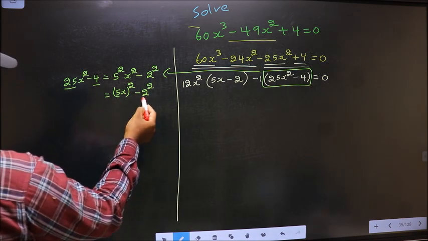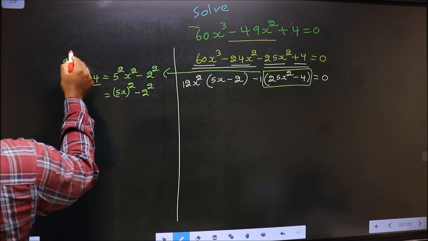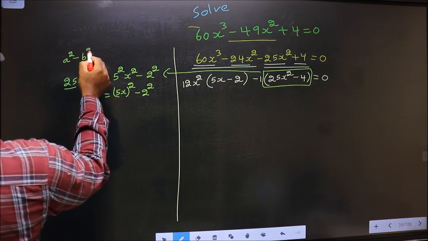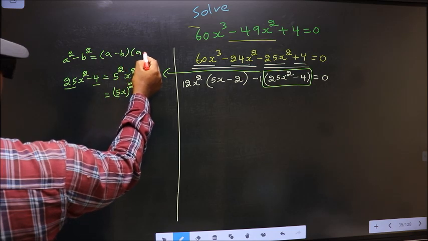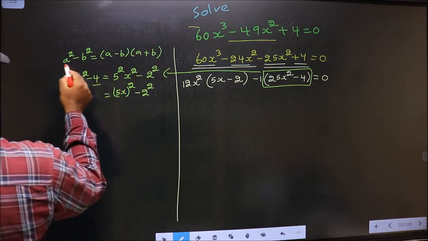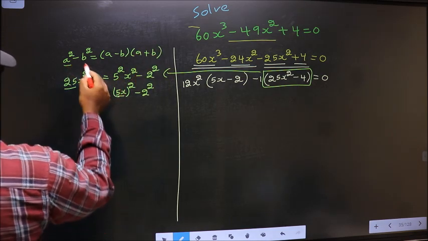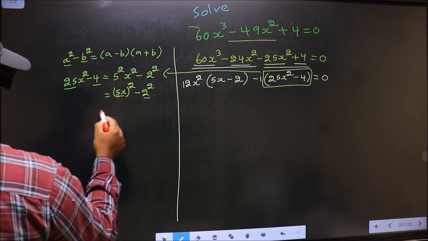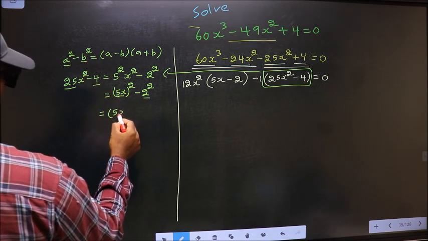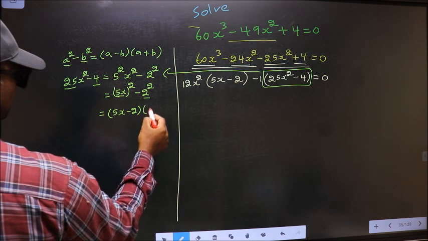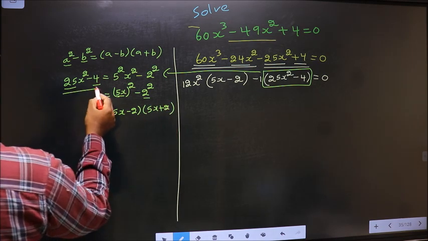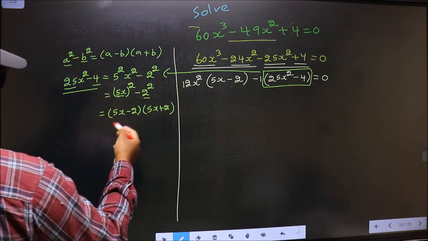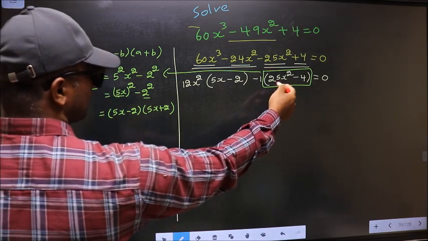Now on this we should apply the formula a square minus b square, that is a minus b times a plus b. In place of a we have 5x, in place of b 2. So we get 5x minus 2 times 5x plus 2. So in place of this quadratic we should write this over here.